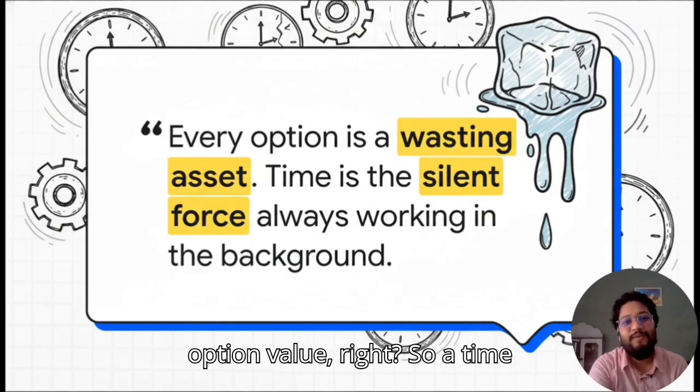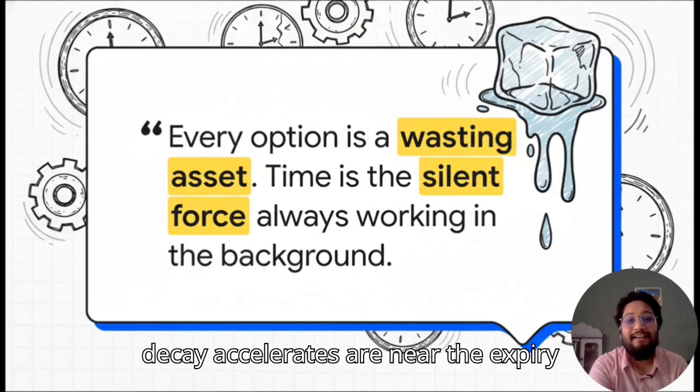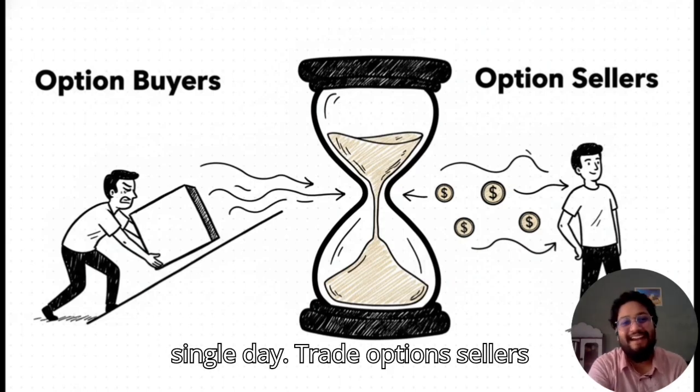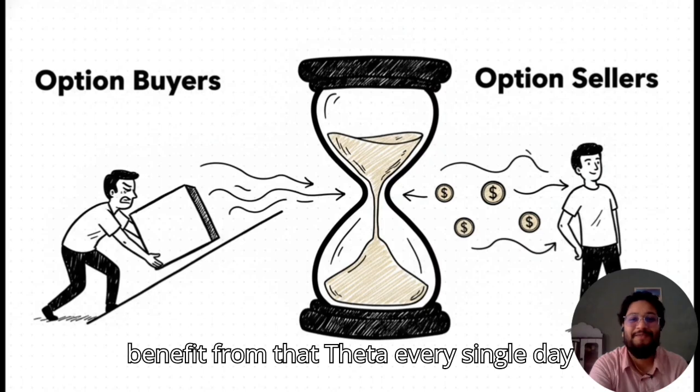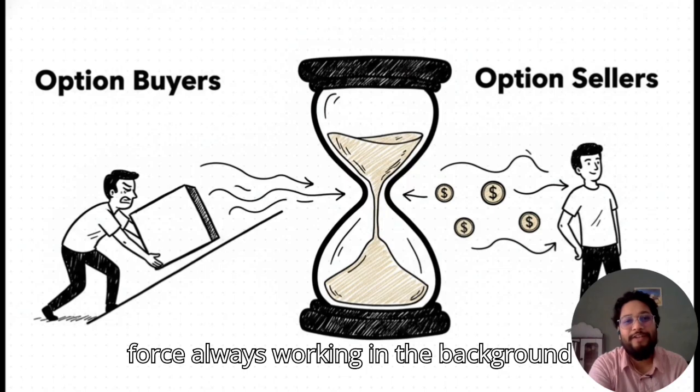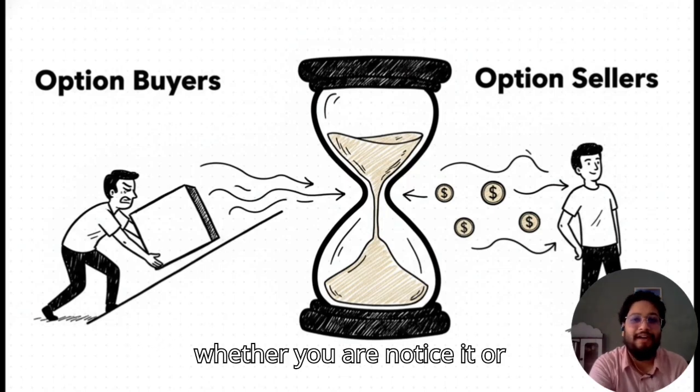Time decay accelerates near expiry, and option buyers fight theta every single day, and option sellers benefit from theta every single day. So theta is the silent force, always working in the background, whether you notice it or not.